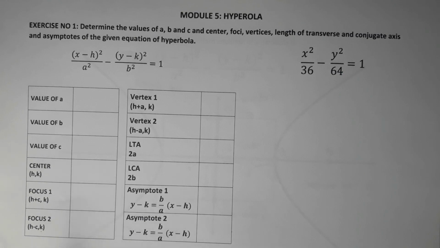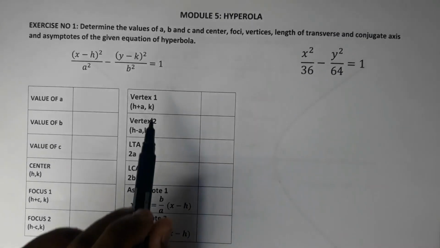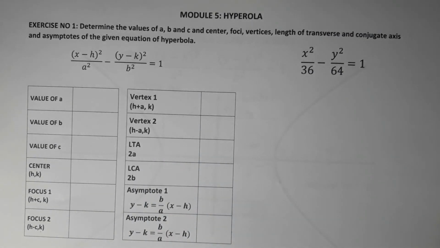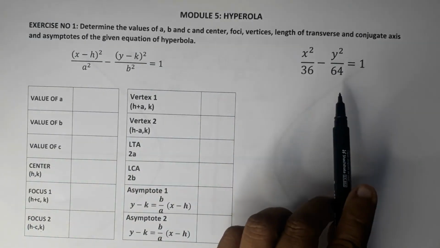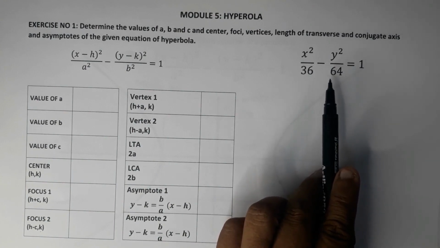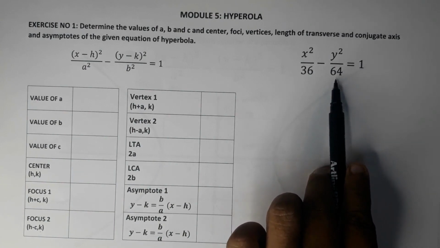Here is the equation: x squared over 36 minus y squared over 64 equals 1. We are asked to determine the values of the parts of our hyperbola. I have here the standard equation, which we will use as our guide to solve exercise number 1.